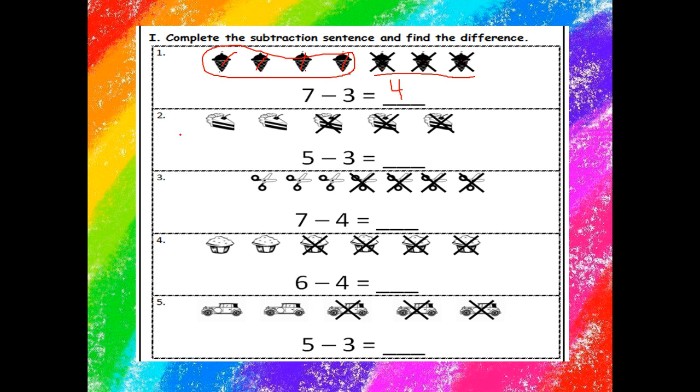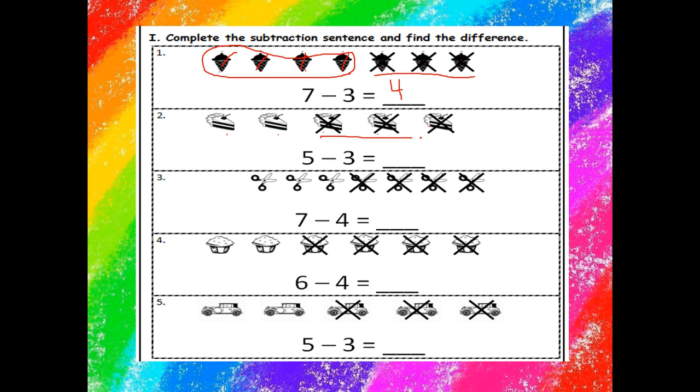Okay, so let's proceed to number 2. We have here cakes. So we have 5 cakes minus 3 cakes. So 5 cakes all in all here. 1, 2, 3, 4, 5. We get 3 cakes.